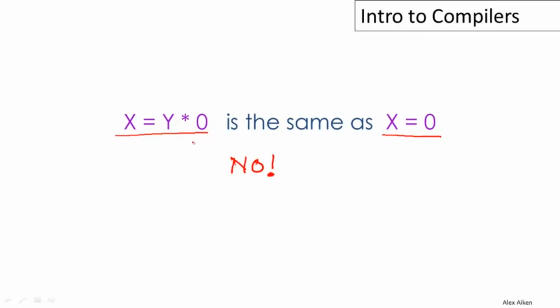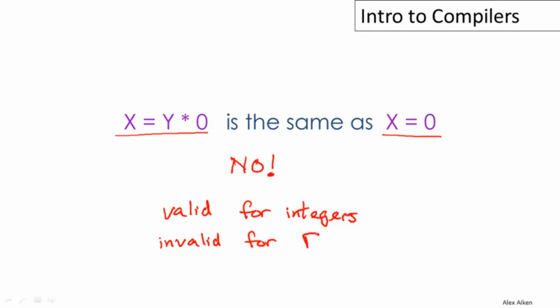Now, it turns out that this particular rule is valid for integers. Okay, so if x and y are integers, then multiplying by 0 is always the same thing as just assigning 0. But it's invalid for floating point. And why is that? Well, you have to know some details of the IEEE floating point standard, but there is a special number in the IEEE standard called not a number.